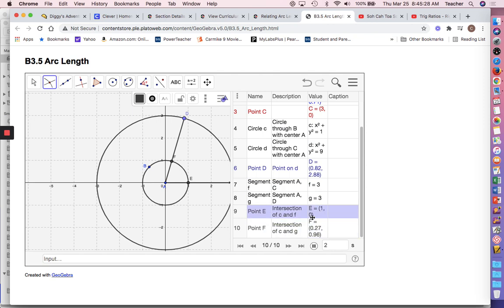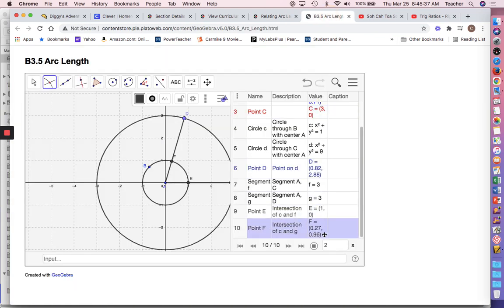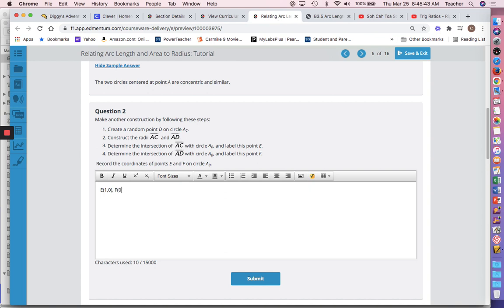All right, so E is (1, 0), and I had that one already. F is an ugly decimal, (0.27, 0.96). Okay, fine. Is that all they want? Yeah, that's all they want.